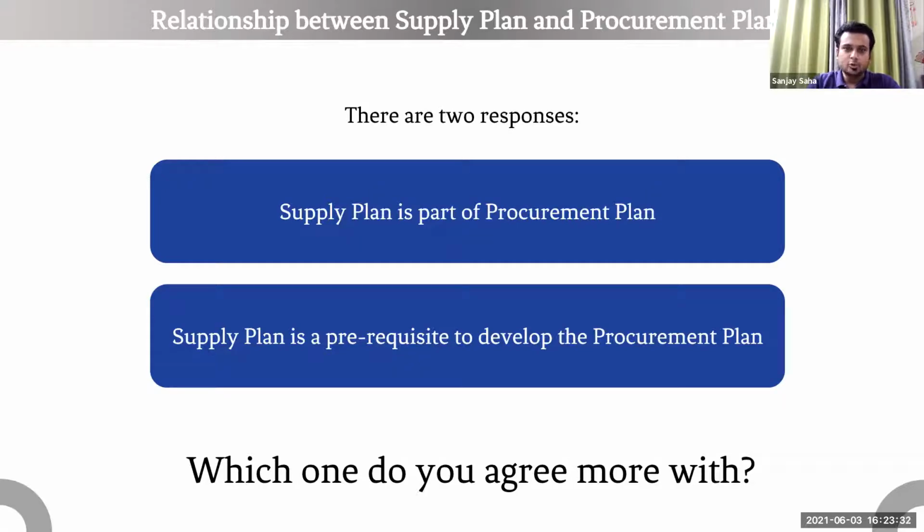There are two responses that we generally get whenever we try to understand the relationship between these two documents. Some people say supply plan is a part of procurement plan. Others say that supply plan is a prerequisite to develop the procurement plan.